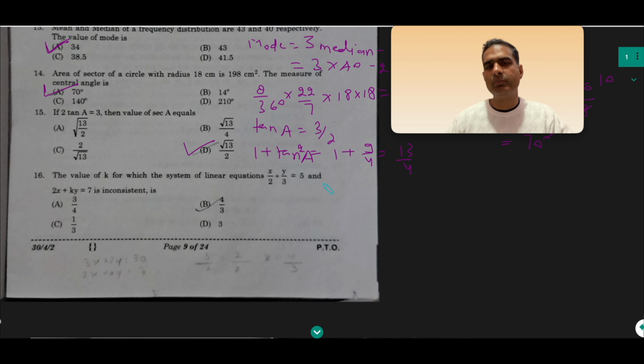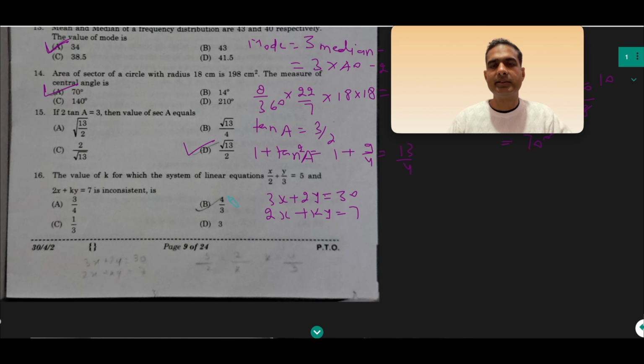First of all, to make our work easier, we will make the coefficients of the first equation integers, and to do that we will multiply by the LCM of 2 and 3, that is 6. So if I multiply the first equation by 6, I will get 3x plus 2y is equal to 30, and 2x plus ky is equal to 7.